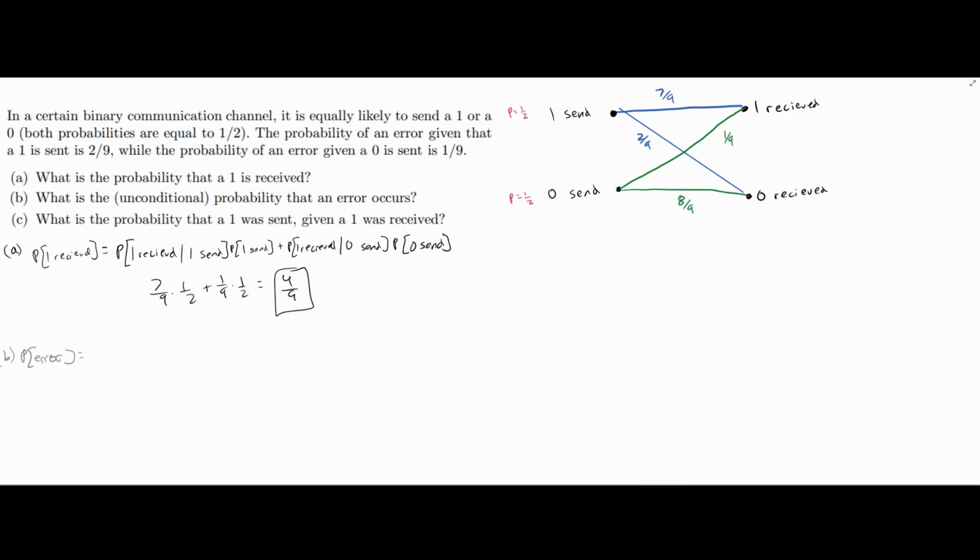So the probability of an error, given that we were sent a 1, times the probability of a 1 sent, plus the probability of error, still the same, given we have a 0 sent, times the probability of 0 send. Now, the unconditional part is basically because we're not choosing between the error of 0 or 1. We're combining the error for both of them.